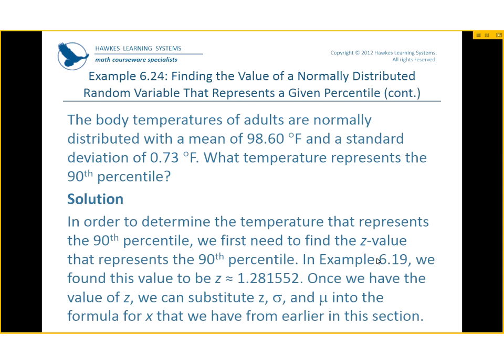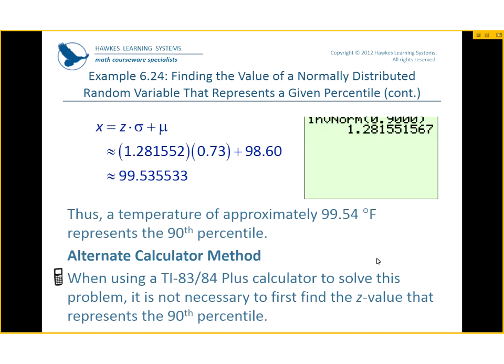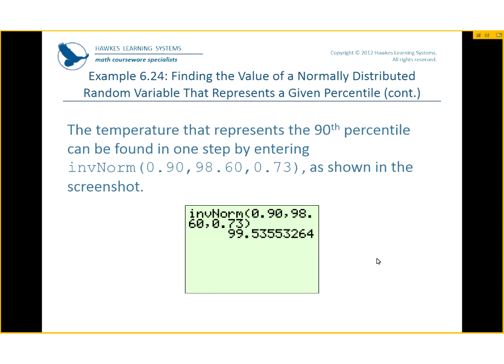Let's do another one. The body temperature of adults is normally distributed with a mean of 98.6 degrees Fahrenheit and a standard deviation of 0.73 degrees Fahrenheit. What temperature represents the 90th percentile? We did this earlier and we found that the 90th percentile is 1.28, but let's do it with the calculator. This will make our life so much easier.